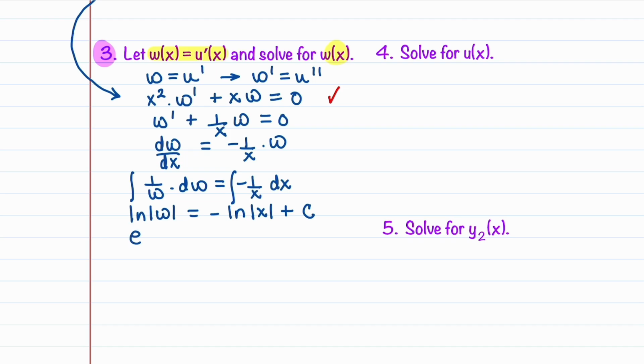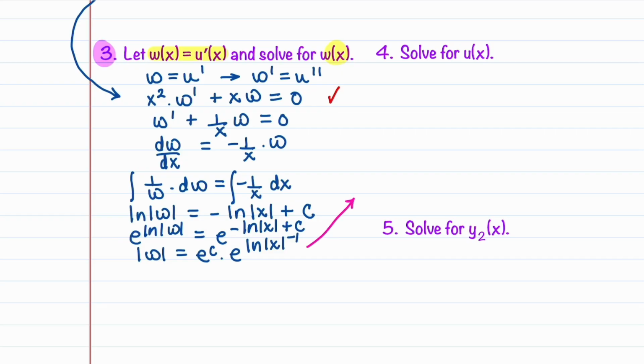So this is e to the natural log absolute w is e to the minus natural log absolute x plus c. On the left, we have absolute value of w. And then on the right, I'm going to rewrite this as e to the c times e to the natural log x to the minus 1.